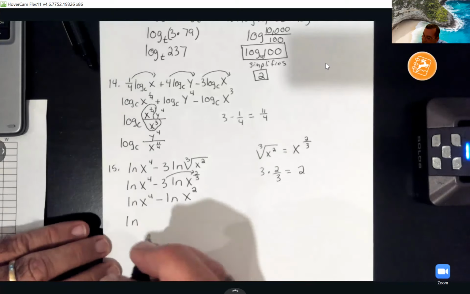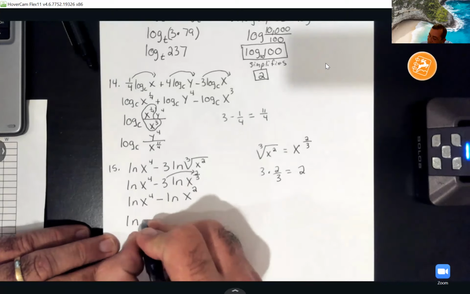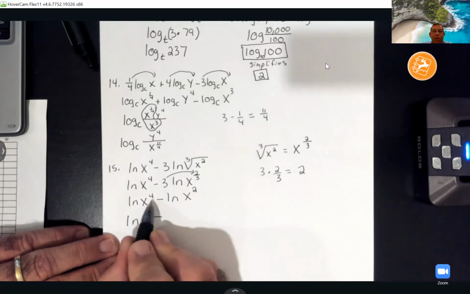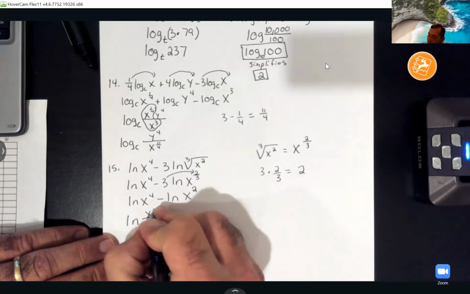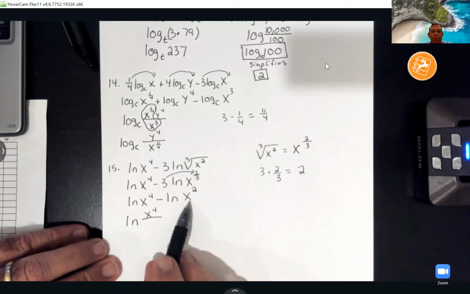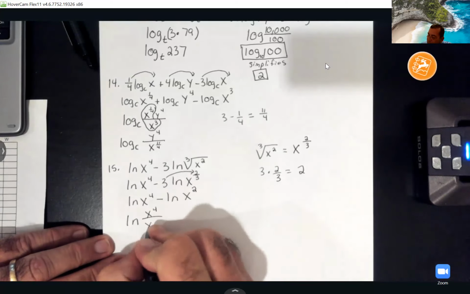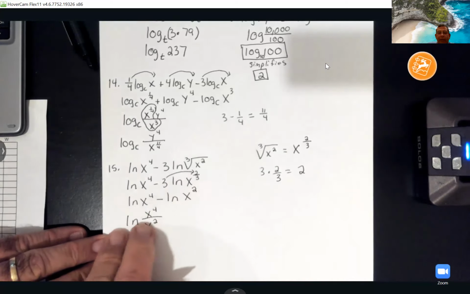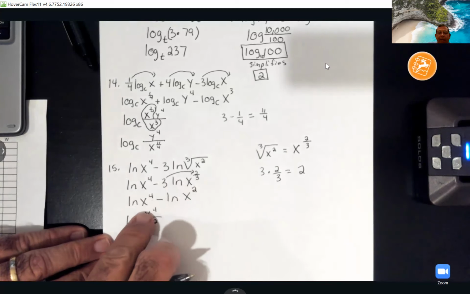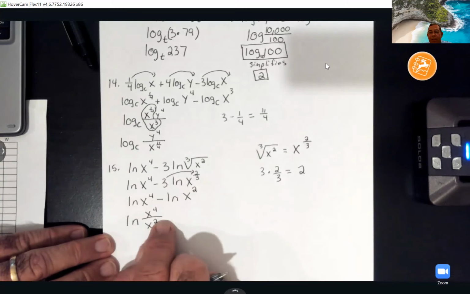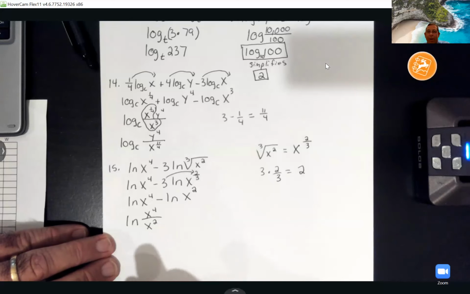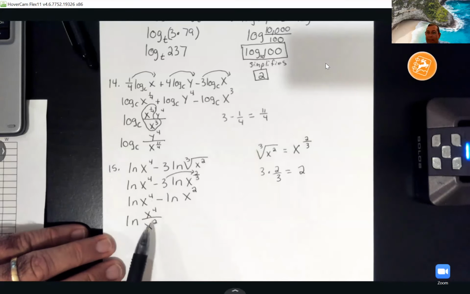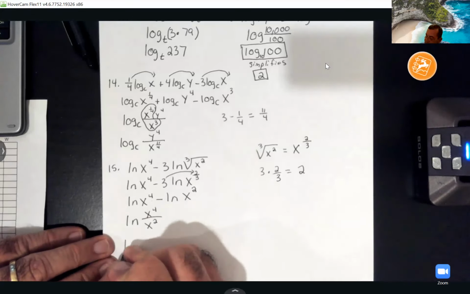So knowing that, we'll have our ln. We got our quotient. On top will be an x to the 4. On the bottom will be an x squared. So we're pulling out the ln and rewriting the x to the 4 over x squared as the fraction. Oh, y'all look at that. I got x's over x's.